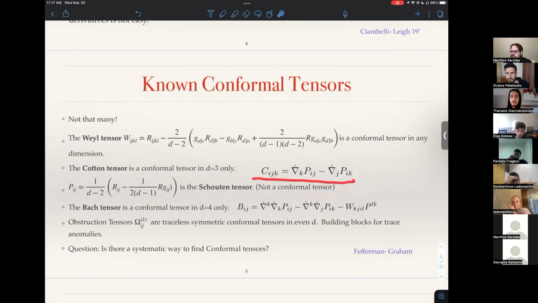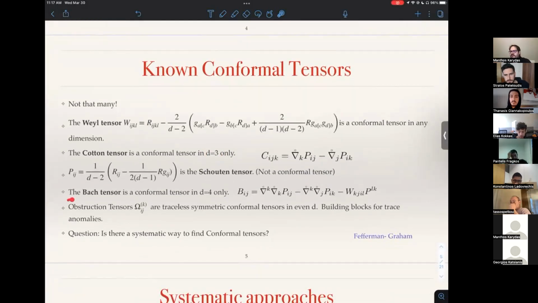As you can see, the Cotton tensor is derivatives of the Schouten tensor. I just want to mention that the Cotton tensor is a conformal tensor only for d equals 3, so in 3-dimensional manifolds. If you go to 4 dimensions, it won't be a conformal tensor anymore. So conformal tensors are very sensitive to the dimensionality of your space.